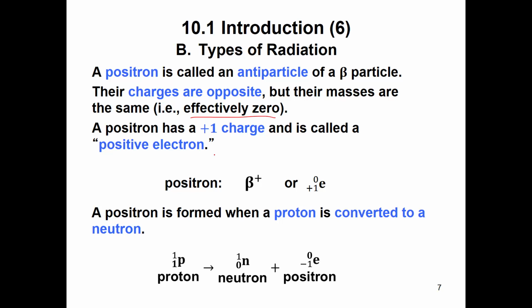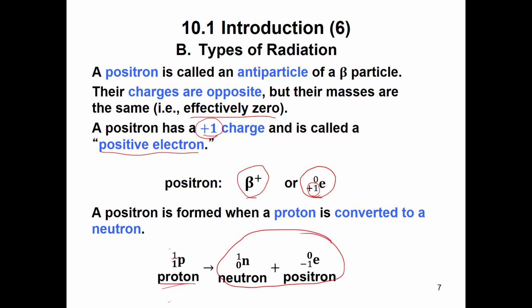So they basically have no mass. A positron has a plus charge, and so we sometimes call it a positive electron. And so we do beta plus for it, and we write it as an electron except with the positive charge. A positron is formed when a proton is converted to a neutron and a positron.